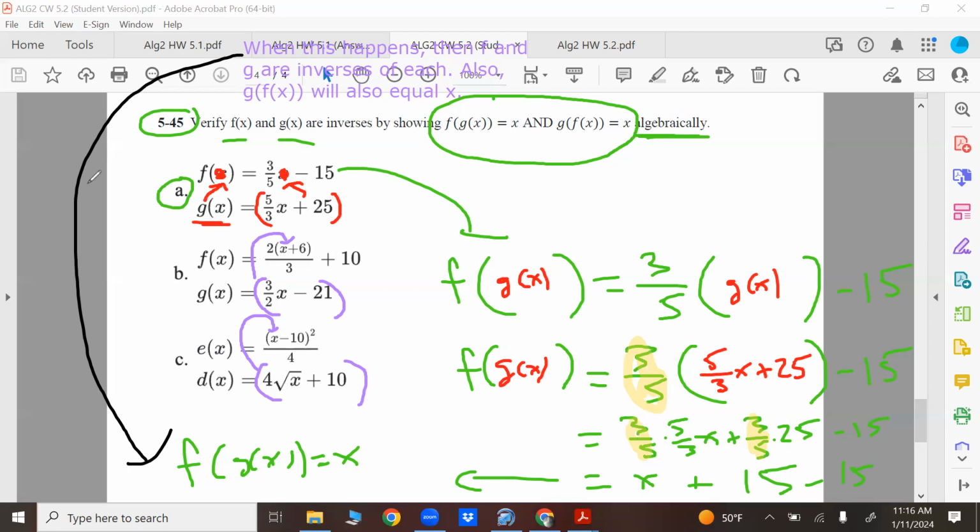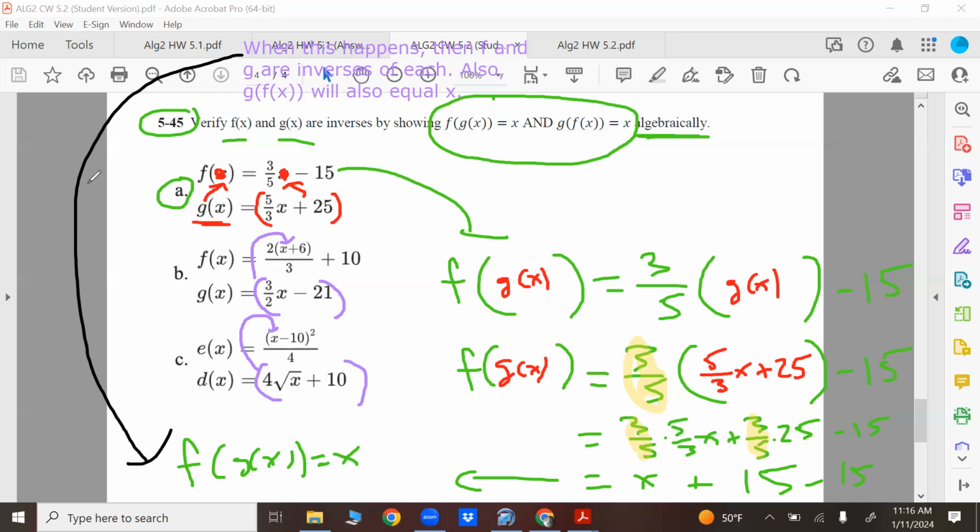That's so weird. I guess it's a typo. Oh, okay. Yeah, it should be 2. Hey guys, there's a typo for part C. This should be a 2 root x plus 10.